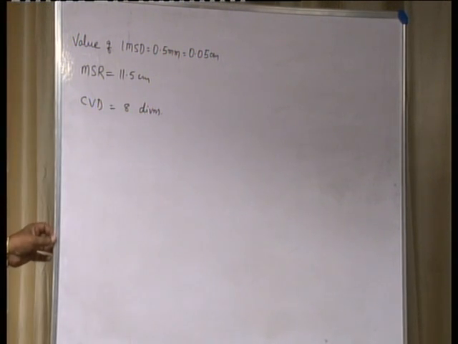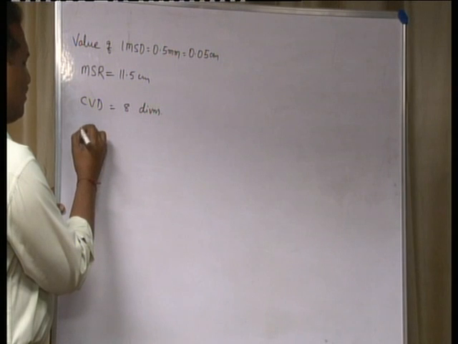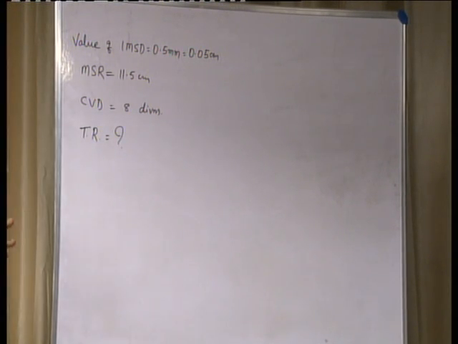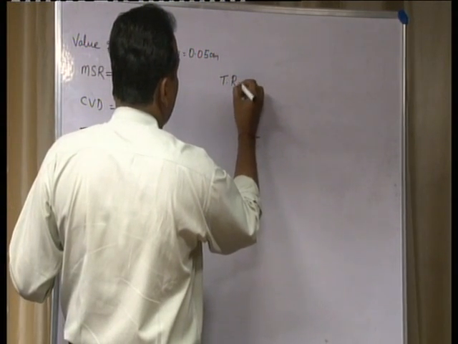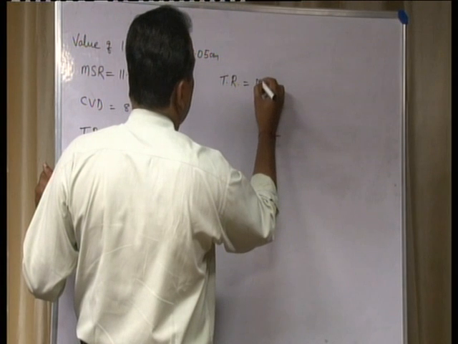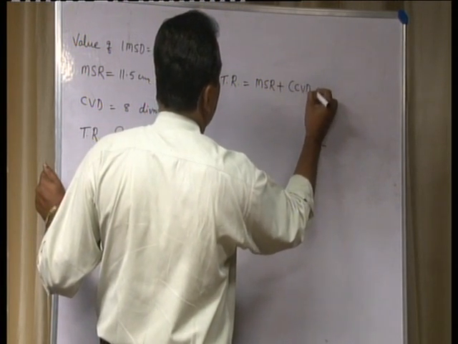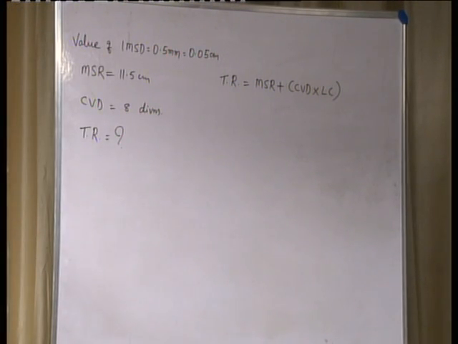Now, what is the length of the given object? What is the length of the given object means you can find the total reading to find the length. In case of the vernier calipers, the total reading can be given as total reading is equal to MSR plus CVD into LC.